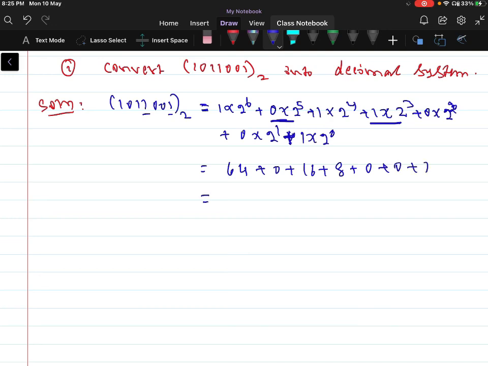So this is equal to 64 plus 16 plus 8 plus 1, that is 89. Therefore 1011001 in the binary system is equal to 89 in the form of decimal.